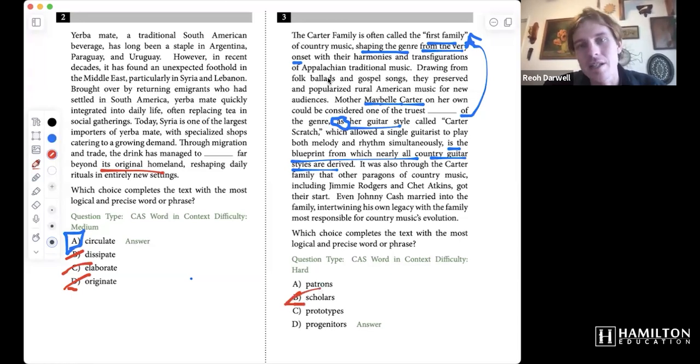Even if she had to study some traditional music, she wasn't a scholar of country music. This doesn't suggest that she was a scholar of country music. It looks like it's trying to say that she's like a founding father of country music, which is a bit funny with the gender thing there, but whatever. Okay. Patron, patron.